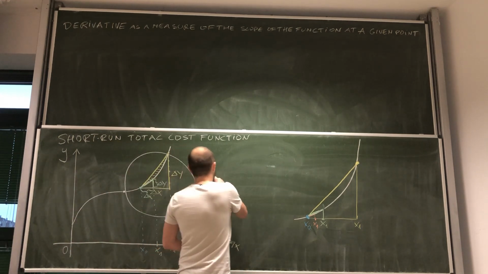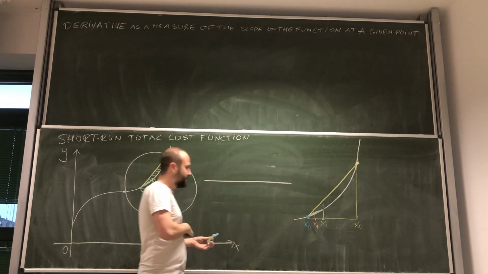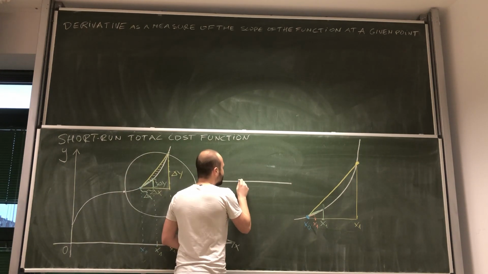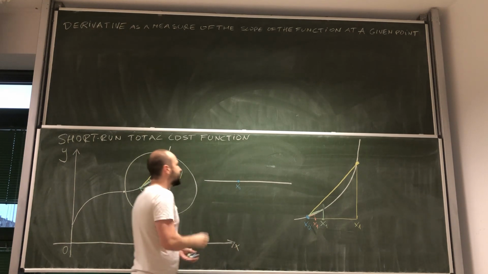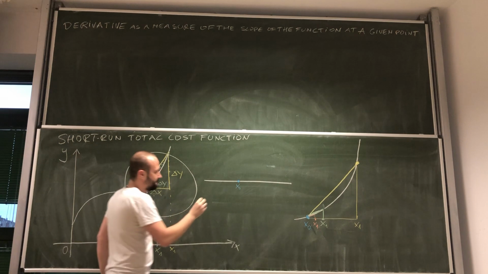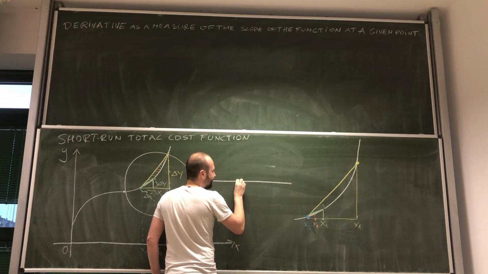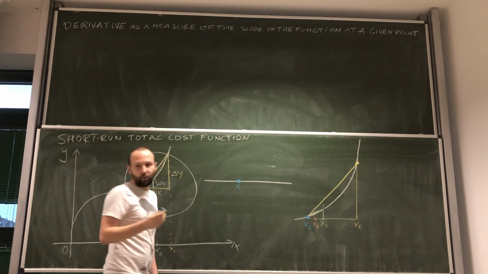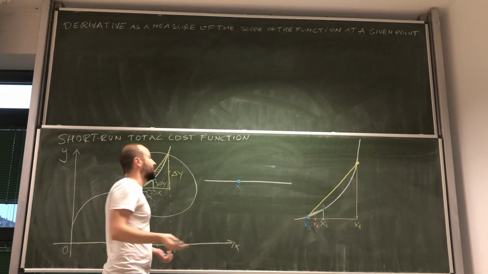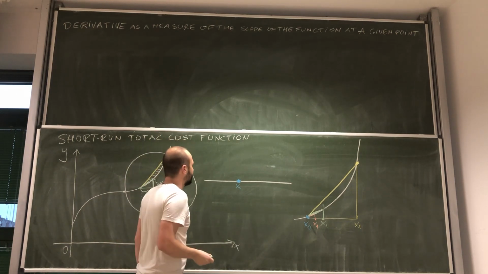Well, I hope you remember that we can think about this change as here is one point, some point x0. This point is so tiny that it doesn't even have a size. Of course, I cannot draw anything like this.